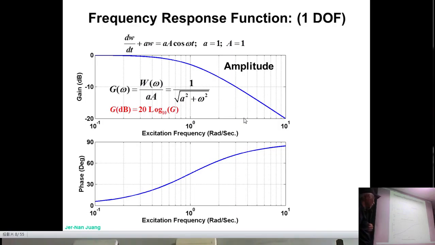Here the dB is 20 log 10 G, and that G is W of omega, which equals 1 divided by the square root of A squared plus omega squared. A is your system's A, you can say A is your system eigenvalue. Omega is your input frequency. Understand? No problem?